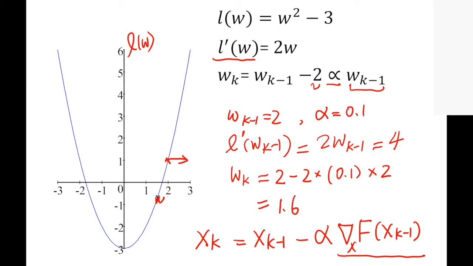Because I want to minimize the function, not maximize it, I go in the opposite direction, which is why there's a minus here. But how much should you jump? You multiply by this alpha, called the learning rate, which controls how much you jump in the opposite direction. Any questions about this? This is extremely important.